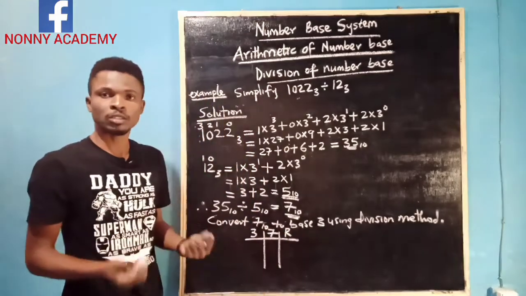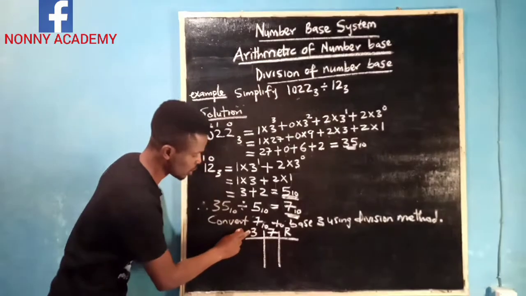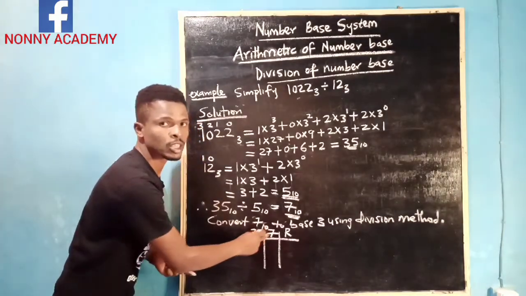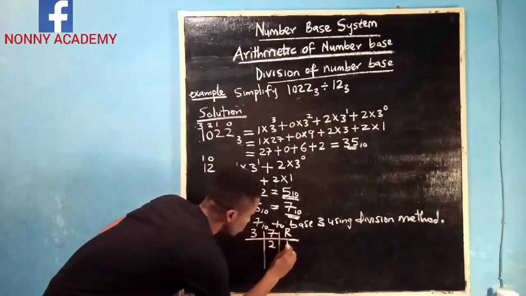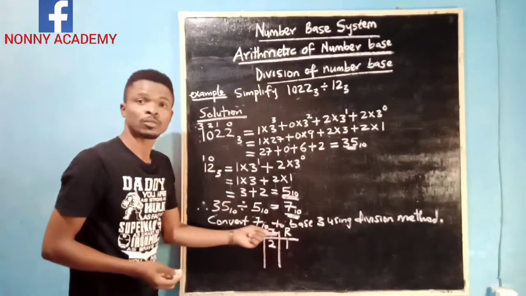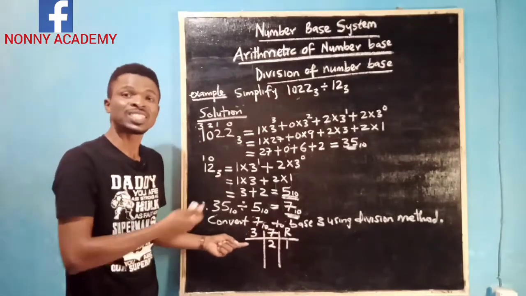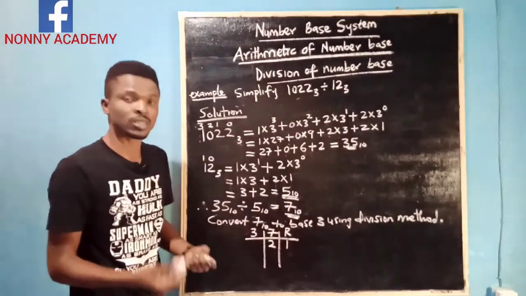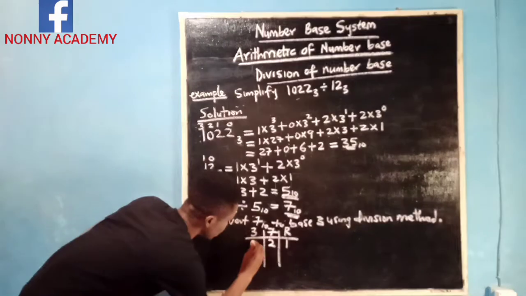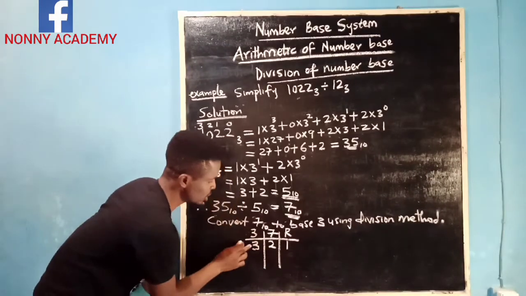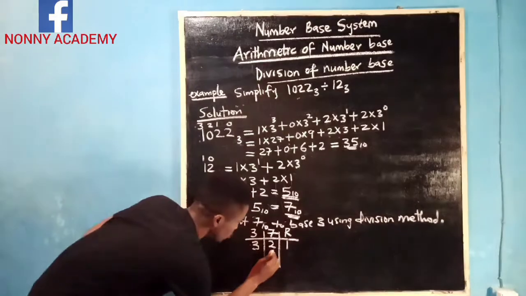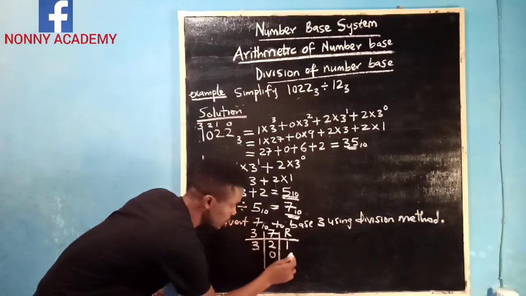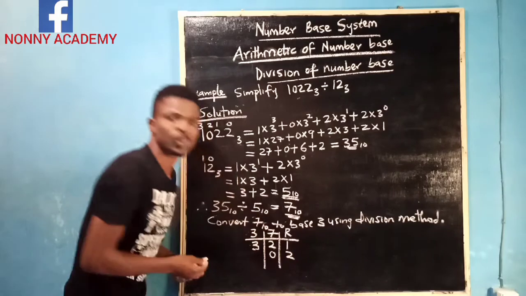So I will start dividing. 3 in 7, it is 2 remainder 1. That is 3 in 7, it is 2, which makes it 6 remainder 1 to make it 7. Then the next one I'll divide by 3 again. 3 in 2, which is not possible. Then I'll put 0. Then I will bring this 2 down here, which is 2.